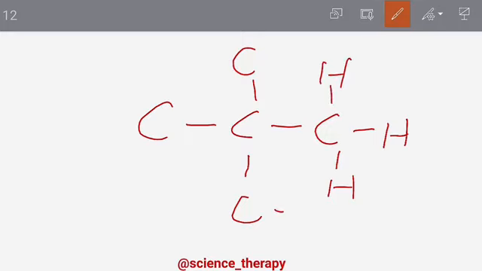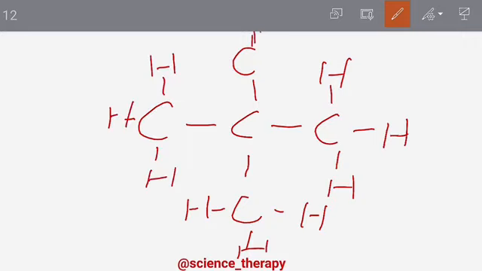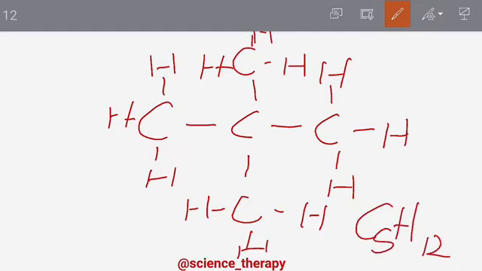Then just fill in our hydrogen atoms. Then you can see that, that's H, H, H. So now we have the formula C5H12, which is the same as for pentane.